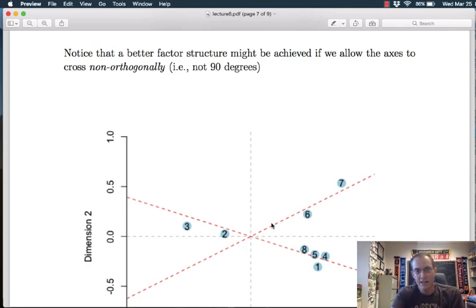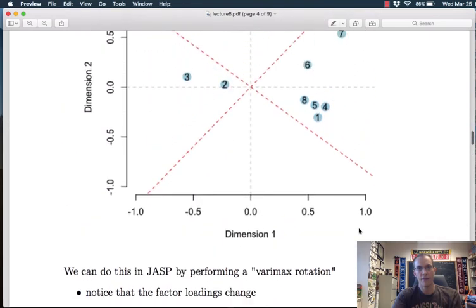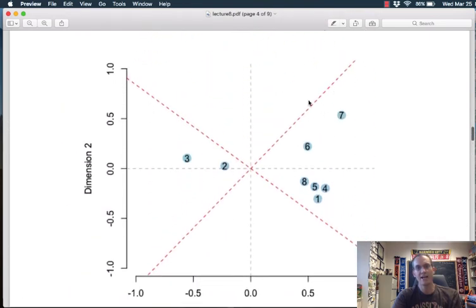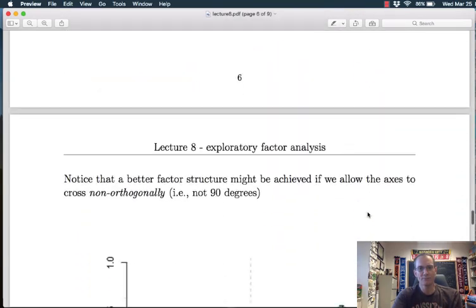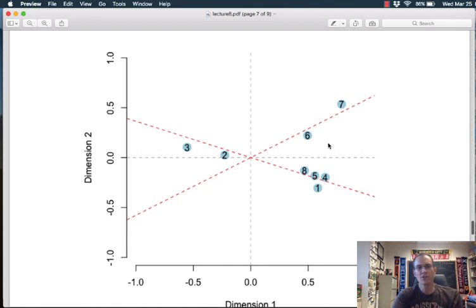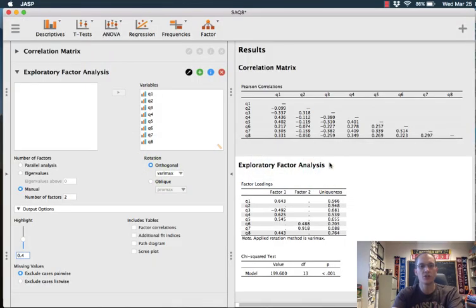The whole point is if we were to put our red factor dimensions in this direction, you'll notice that we get a lot closer to where the items are living than if we do it like this, right? The items are not very close to the axes. So let's just see what we can do there. If we were to do this, this is what's called an oblique rotation. You can actually do this in JASP. Let me show you how to do that.